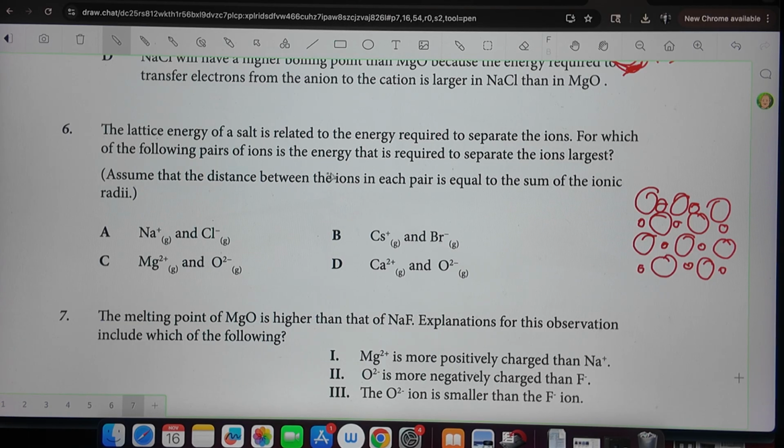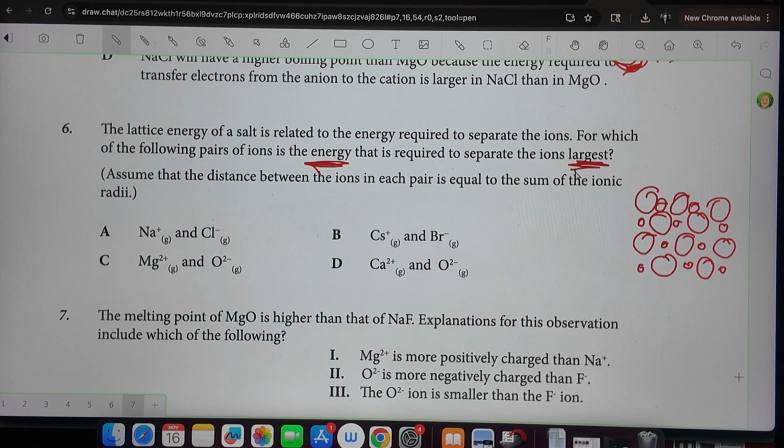For which of the following pairs of ions is the energy required to separate the ions the largest? So we're looking for which one needs the most energy to be broken. Again, we have to consider the forces of attraction, and for that we use Coulomb's law: Q1 Q2 over radius squared.